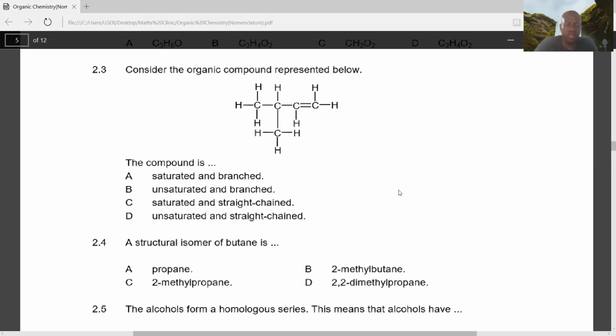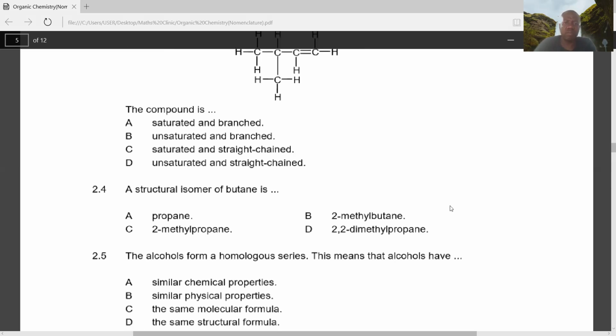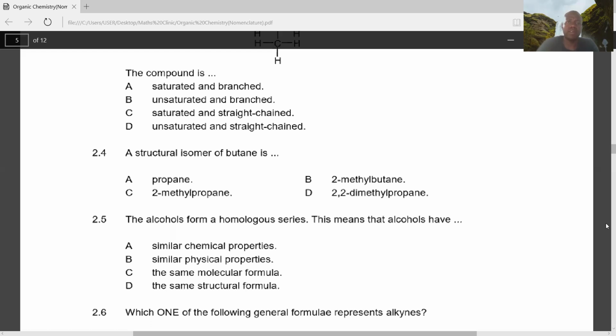Then now, 2.4, it says a structural isomer of butane. Which one here is the structural isomer of butane?